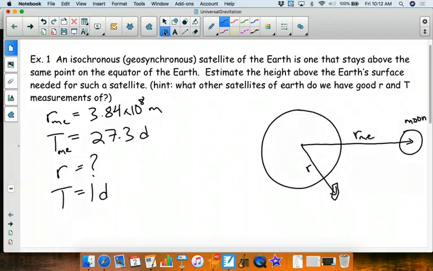Okay, do we have enough information now? What are we actually looking for, though? Height above the Earth's surface, right? So we'll call this H, this height. And then what's this value here, from here to here?